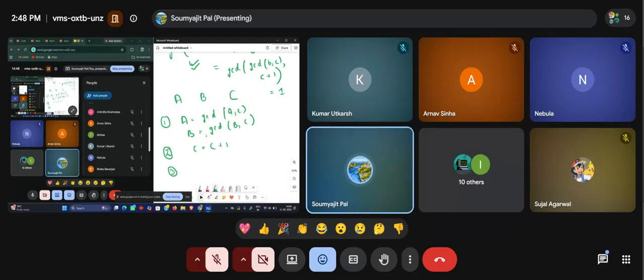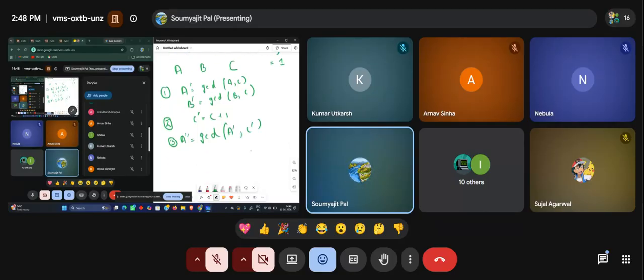Now C prime has become this. So these are all A prime, B prime. I've applied the operation. So A double prime would be GCD of A prime comma C prime, and B double prime would be GCD of B prime comma C prime, and both are equal to 1.